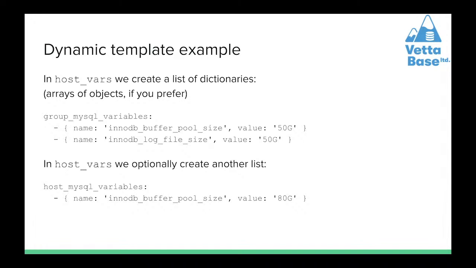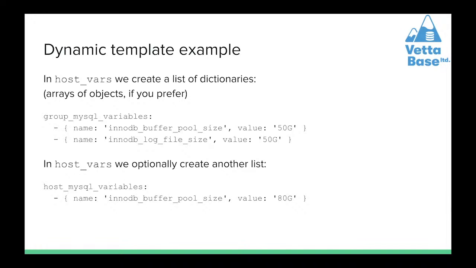Or if you prefer this terminology, an array of objects. In YML, we prefer to say a list of dictionaries, which is Python terminology. So the list is called group MySQL variables, and each dictionary contains 2 attributes: name, which is the name of the variable, and then value, which is the value we want to assign to that variable.